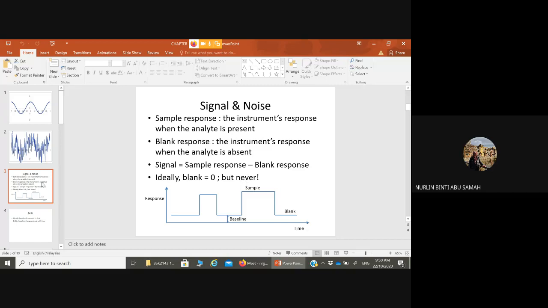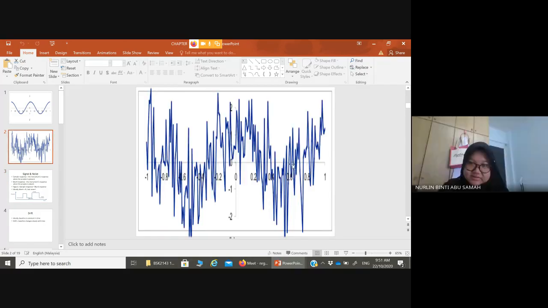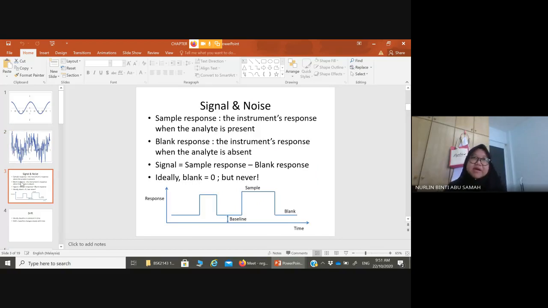Here we also have a blank response. Basically we will consider that the blank response will give you a straight line like this one. However, that is not what happens. They give you something like this. How you can overcome this problem is by using software or hardware. We will go further into this part.